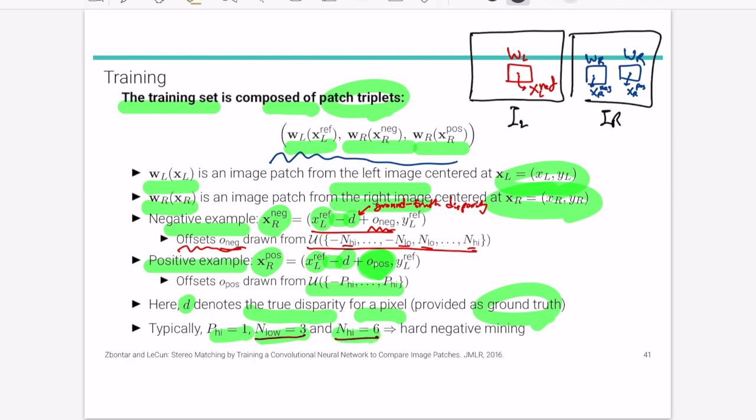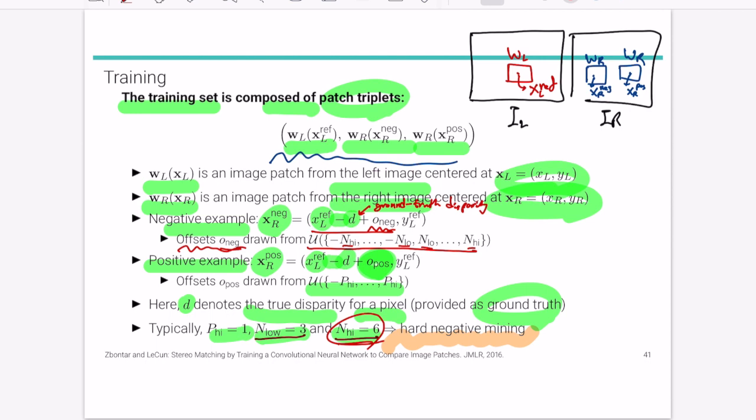So this is a kind of hard negative mining. It means that if we increase n high to, let's say, 100, then that sample is going to be a really easy negative sample.